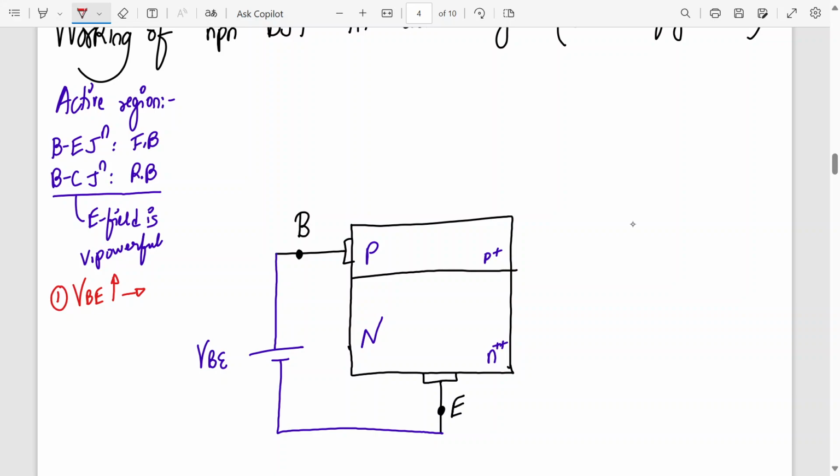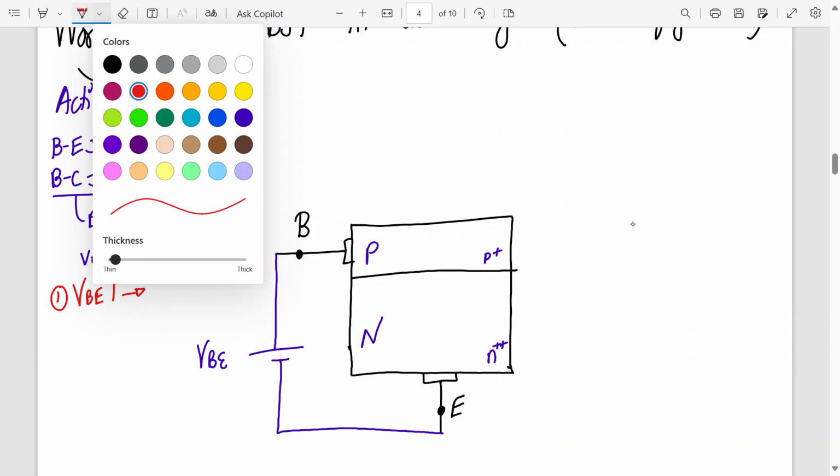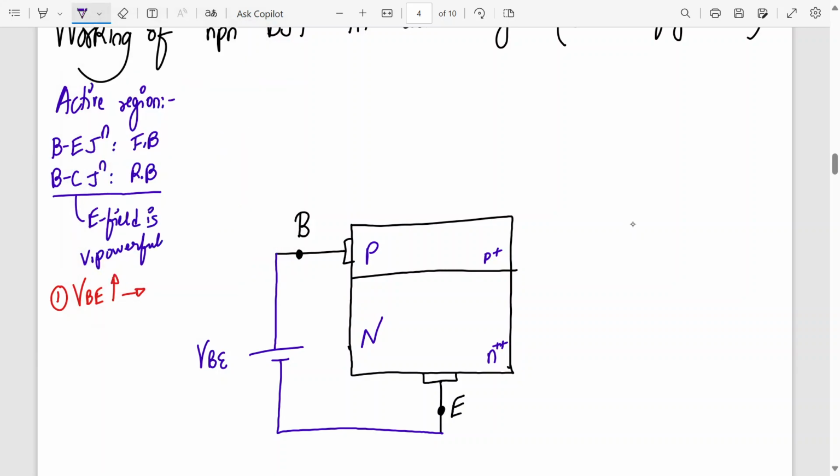There are electrons over here, plenty of them, the doping level is high, and there are holes over here. What will happen? No, it's a forward bias.